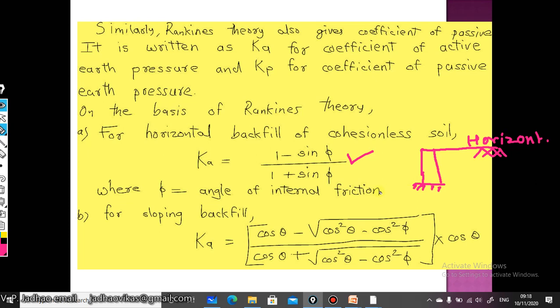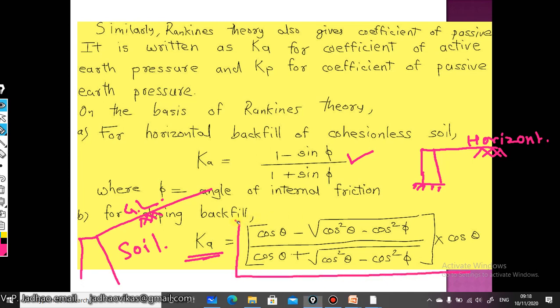Whereas if we have some sloping backfill, meaning this is your retaining wall and the soil material is like this, or your GL has some inclined profile, then the coefficient of active earth pressure is given by this formula: Ka is equal to cos theta multiplied by cos theta minus under root cos square theta minus cos square phi, divided by cos theta plus under root cos square theta minus cos square phi, where this theta is the angle of inclination of this particular backfill.